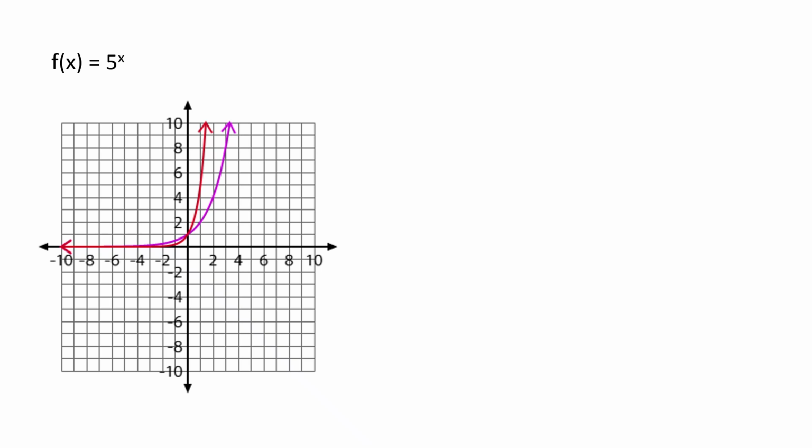So the purple one is the 2 to the x, the red one is 5 to the x, and what you want to notice is basically it gets steeper faster. So you could describe it that way.